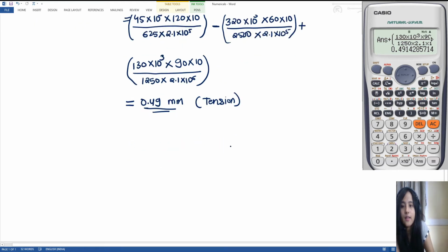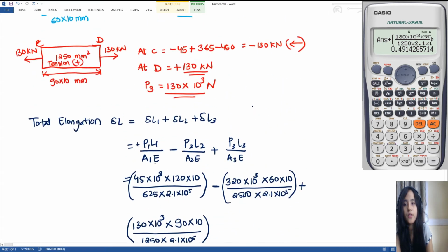And it means that the length of the section has increased. So positive means it is under tension and the length has increased. So I hope this is clear.